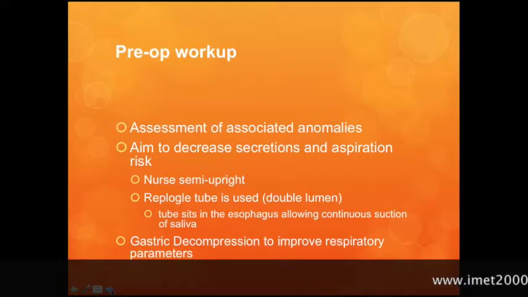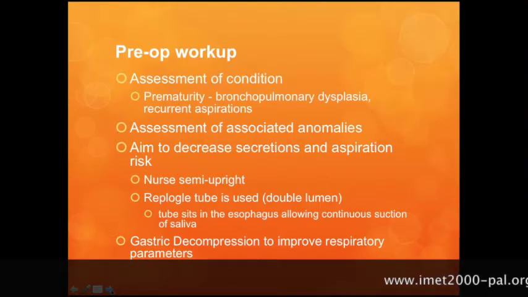So if you're really worried about a baby, you can either ask the surgeon or yourself, you can needle the stomach pre-op before you induce them to get any air out, or ideally ask the surgeon to put a gastrostomy tube in. And if the surgeon puts a gastrostomy tube in, that has the advantage that if we're ventilating the kid and we blow up the stomach, we can suck air out of the stomach.